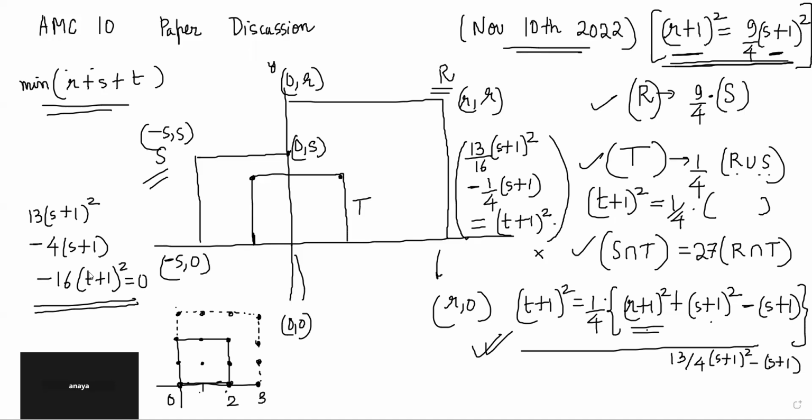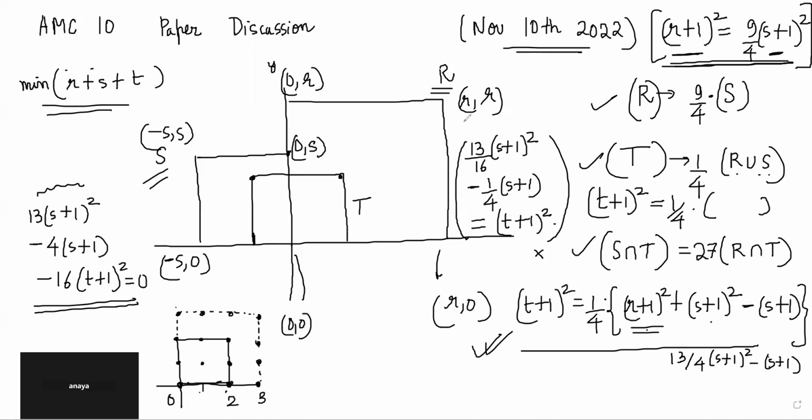Yeah. This is a quadratic equation in the variable S plus 1. We also know that S and T are integers, so that should be handy at a later stage. But this is a quadratic in S plus 1. So what I can say is I can solve for S plus 1 and get it in terms of the T plus 1, right? Yeah. Do you understand what I'm saying? Yes.